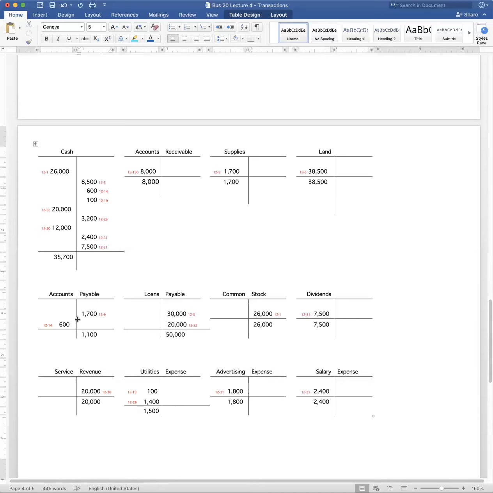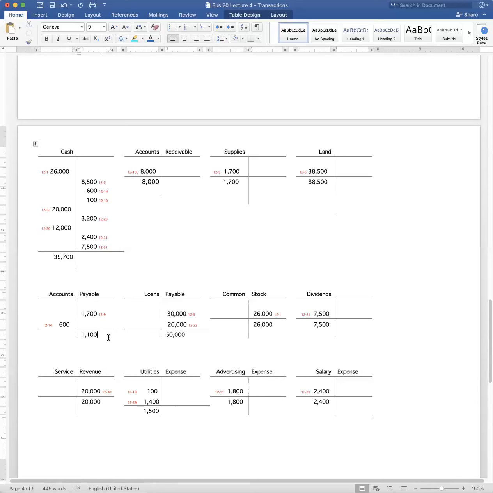So what we have here as the balance in accounts payable is the difference between these two numbers. So the difference between 1,700 and 600 is 1,100. And we know it's on the credit side because the credit was the bigger number, right? So it balances out, there's more credit left. We have a credit balance, a credit total of 1,100 in accounts payable.